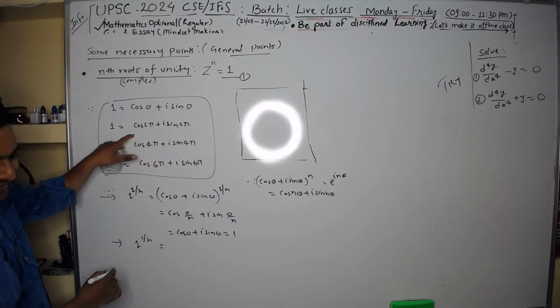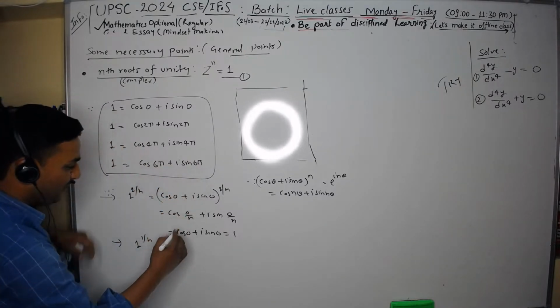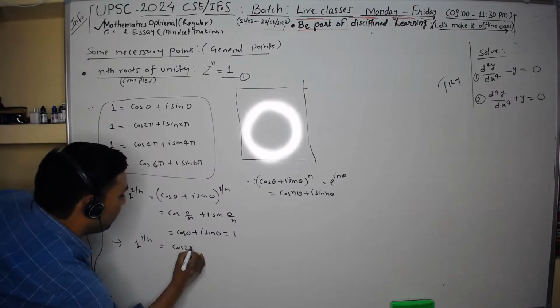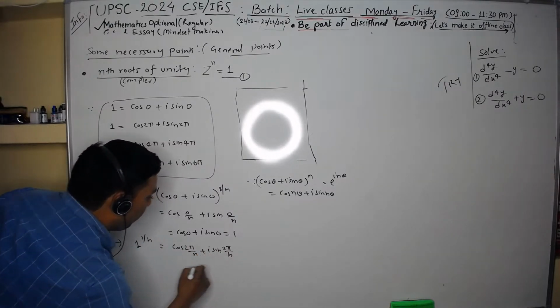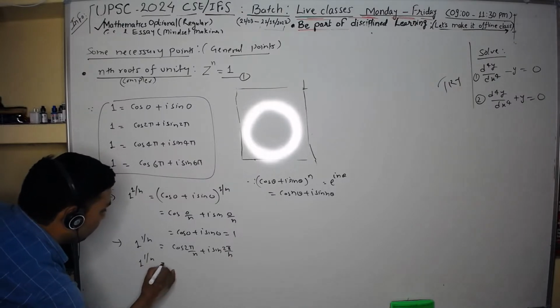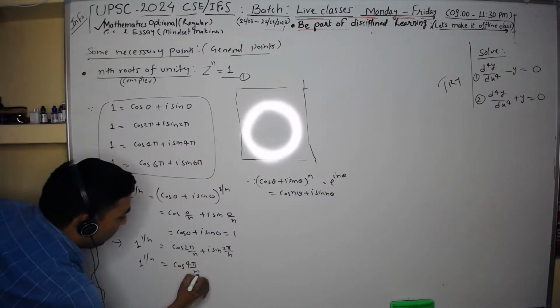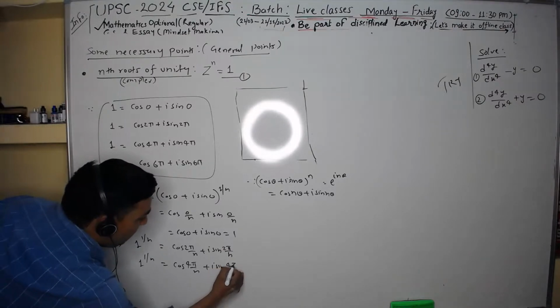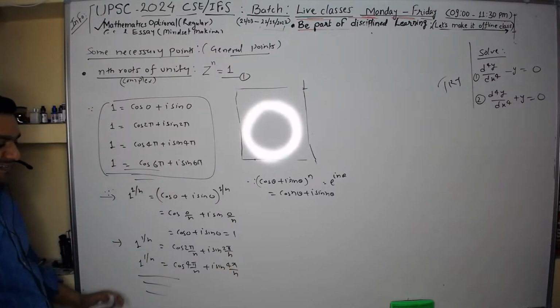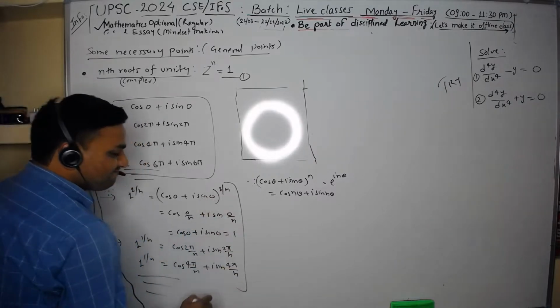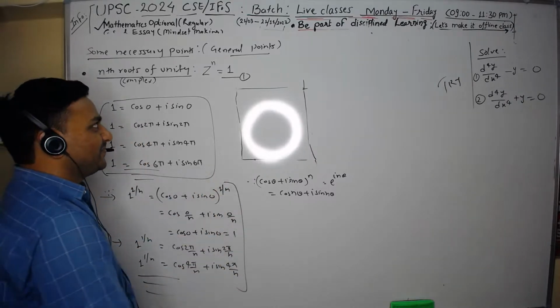If I come on this, now the real picture will come out. Cos 2 pi by n plus iota sine 2 pi by n. Cos 4 pi by n plus iota sine 4 pi by n, and so on and so on. Can I write like this? Chaliye.